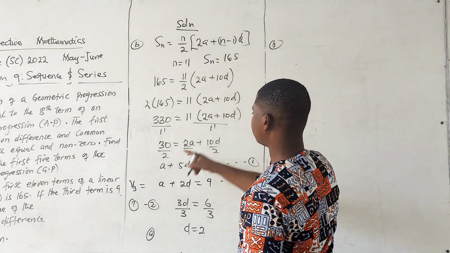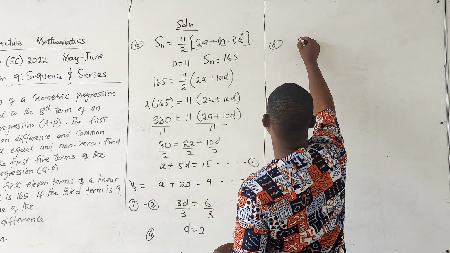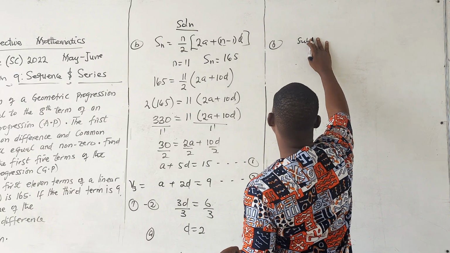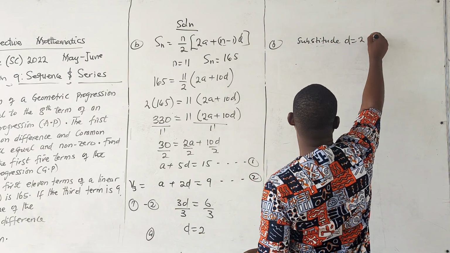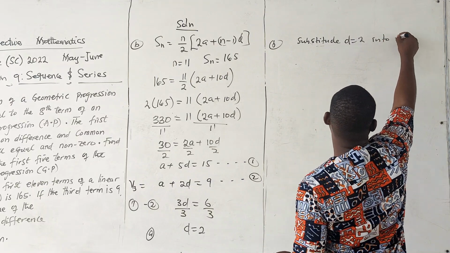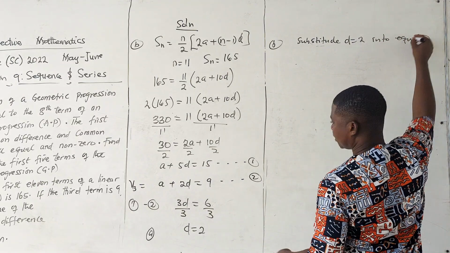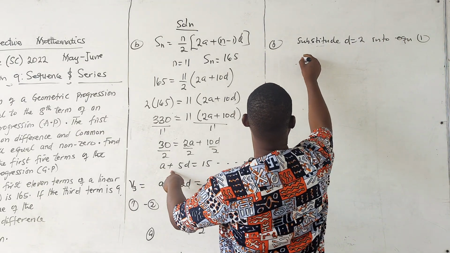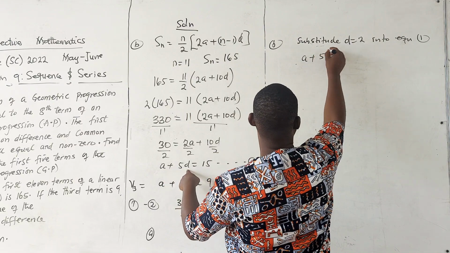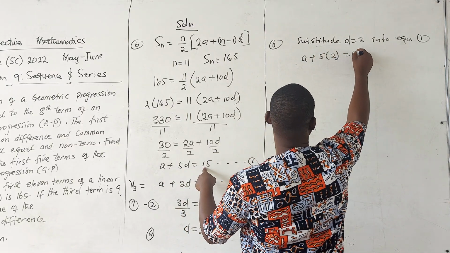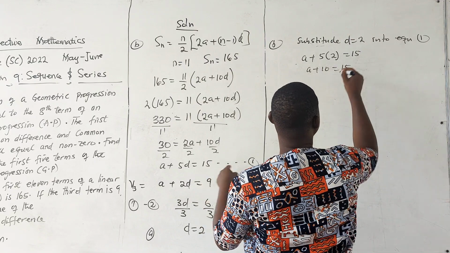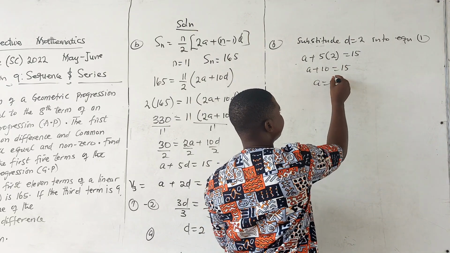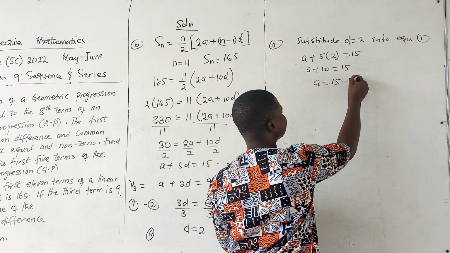Then we substitute d equals 2 into equation 1. So we have a plus 5 times 2 is equal to 15. So a plus 10 is equal to 15. So a is 15 minus 10.